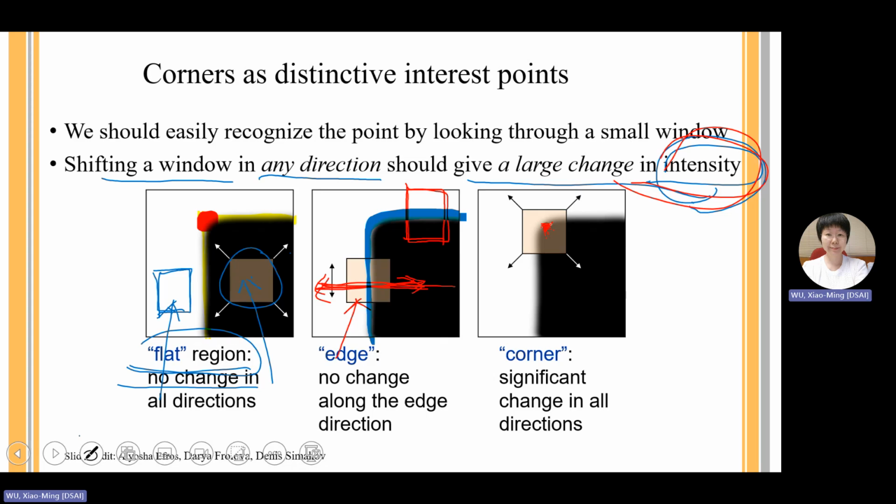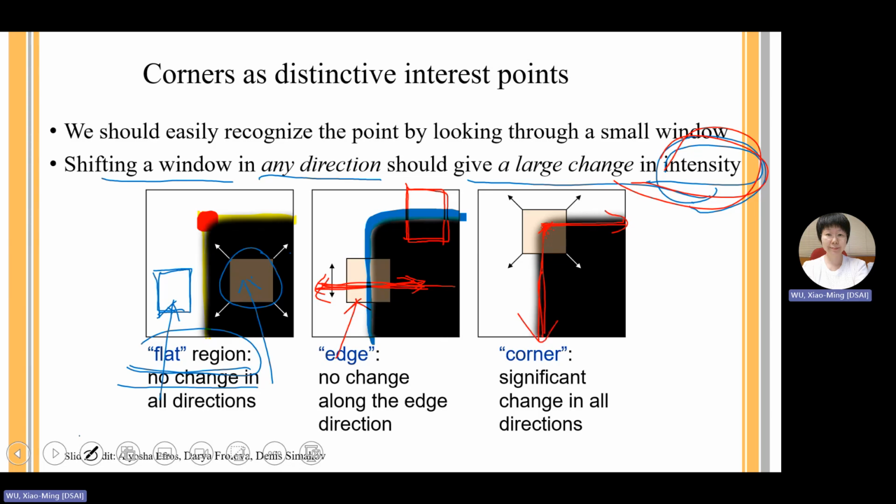Recall we have said that a corner is the convergence of two edges. So a corner is determined by two independent vectors.